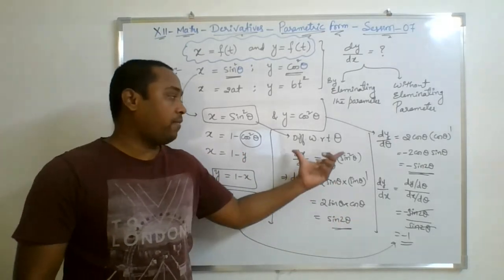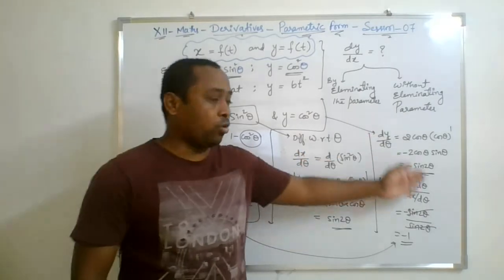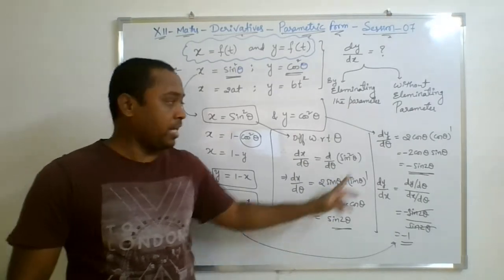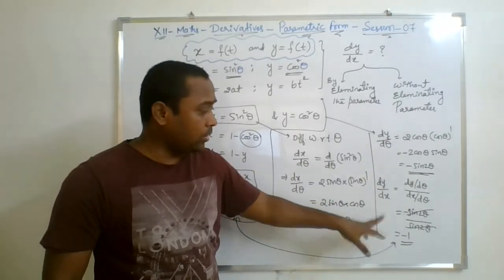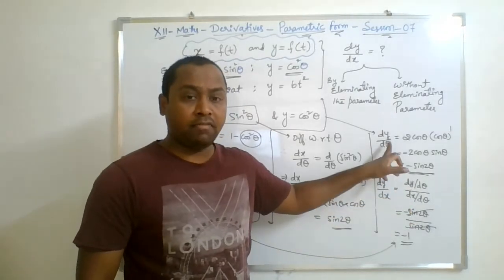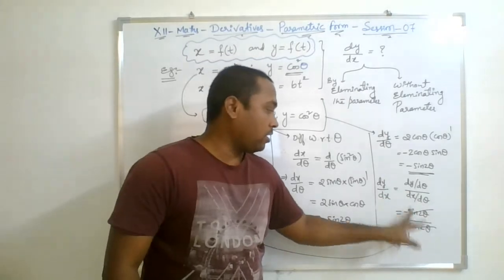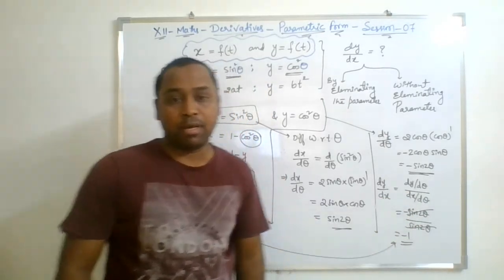It means first we do the derivative with respect to theta separately, both dx by d theta and dy by d theta. Then to get dy by dx, we divide dy by d theta by dx by d theta, which will give the same answer.